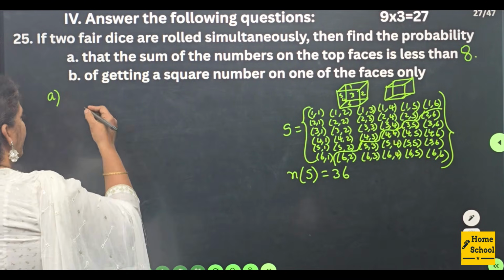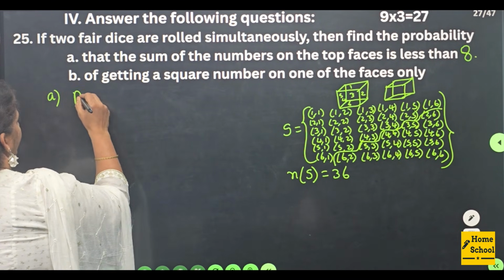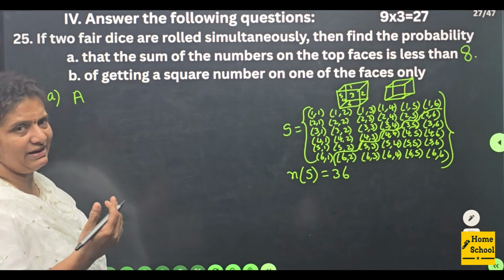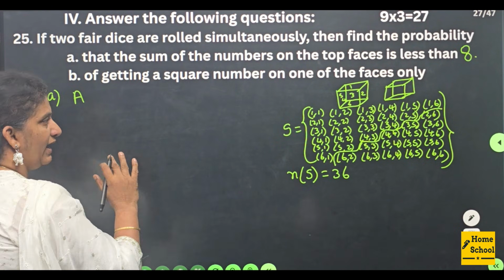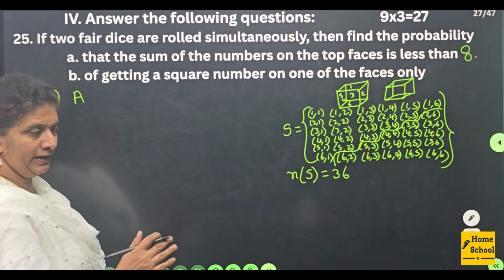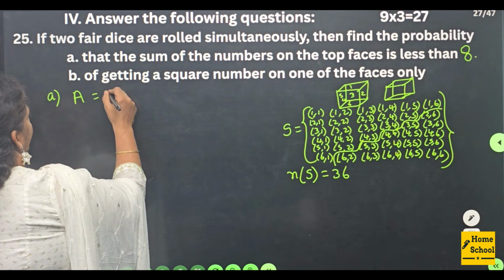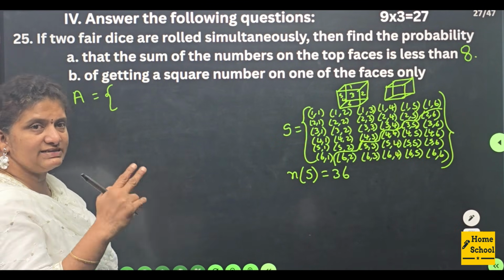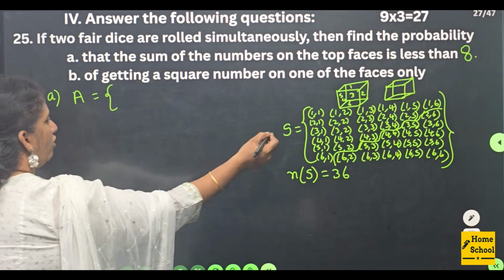Now let the event be, you can take E1, E2, E3 like that, or event A, B, C, anything you can take. I am assuming, let A be the event of getting the numbers on two dice whose sum is less than 8. What are all those numbers?